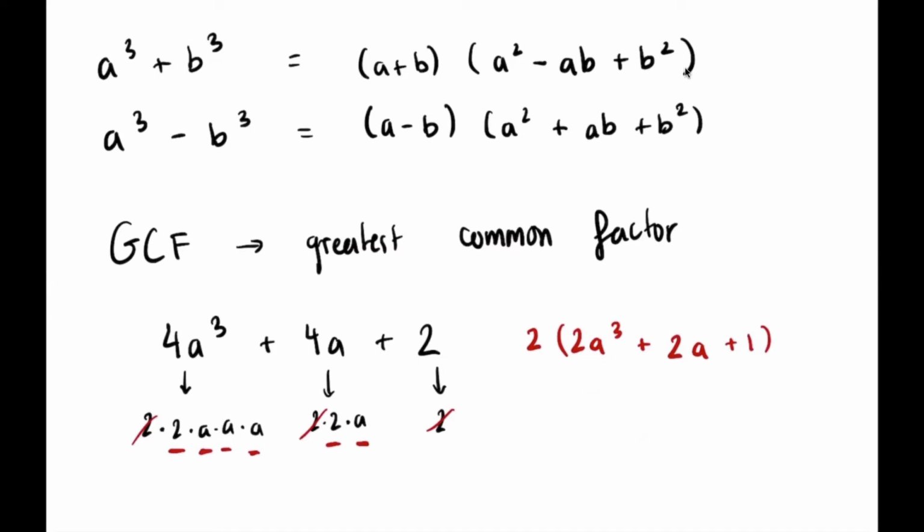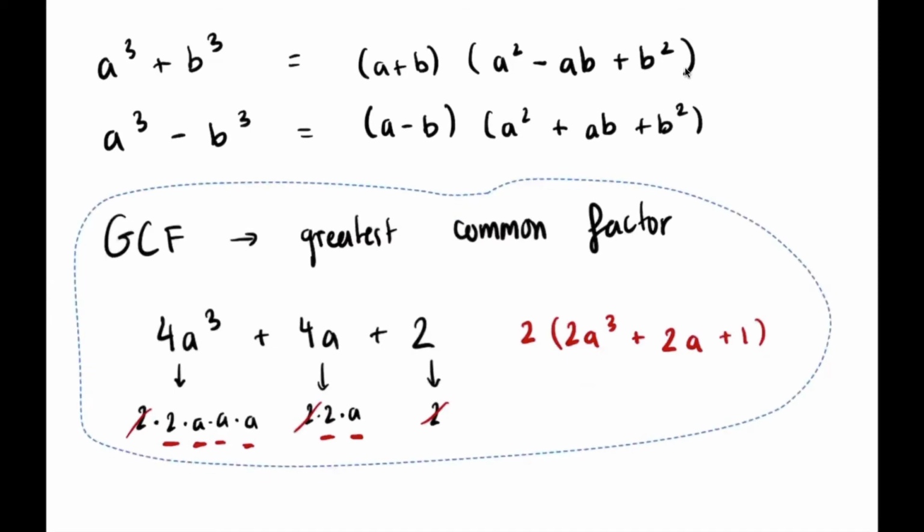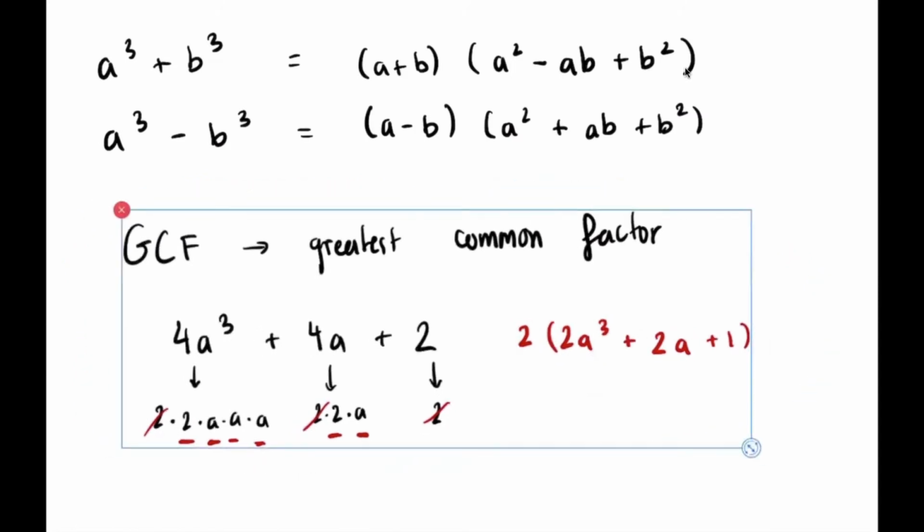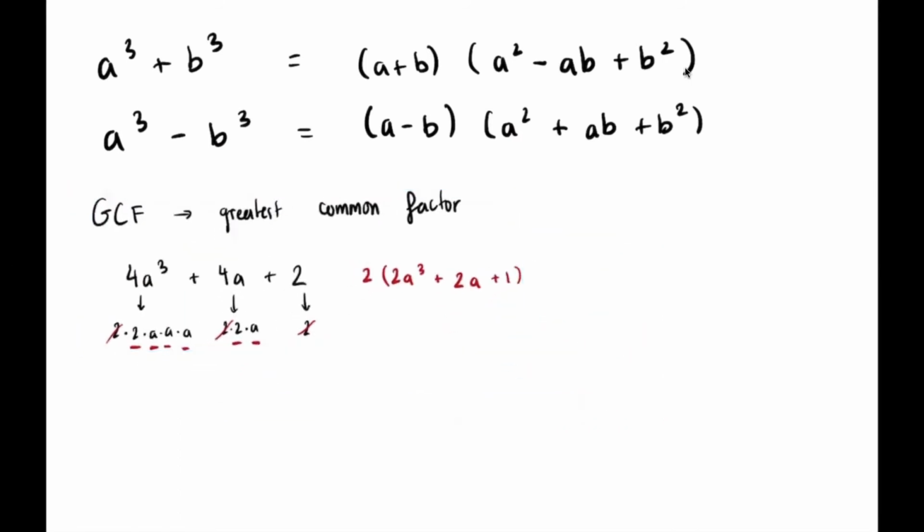Okay. Another factoring technique that you have to be familiar with is special products. What do I mean by special products? We have 3 types. We have a plus b squared, a minus b squared, and a squared minus b squared.